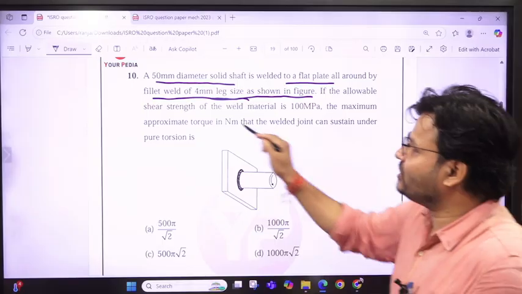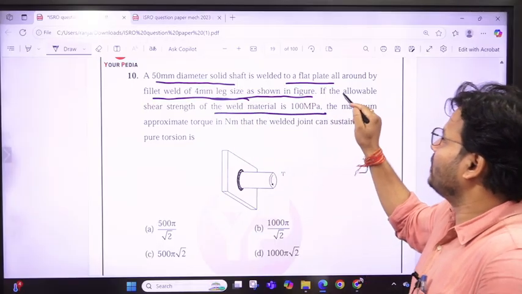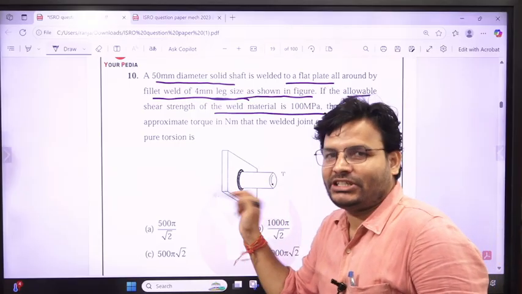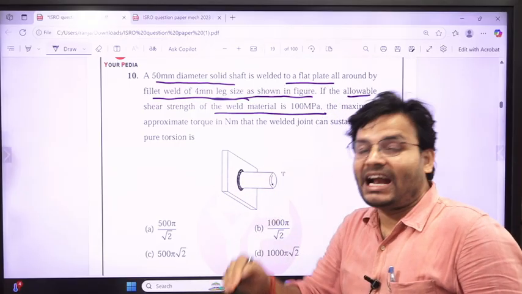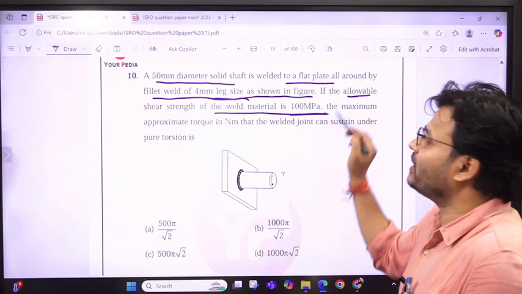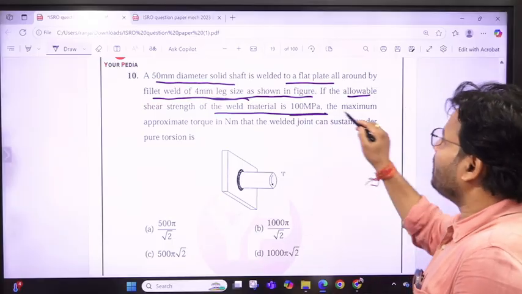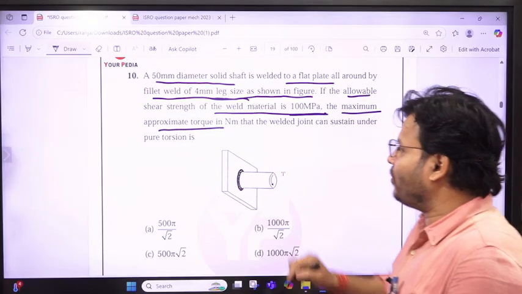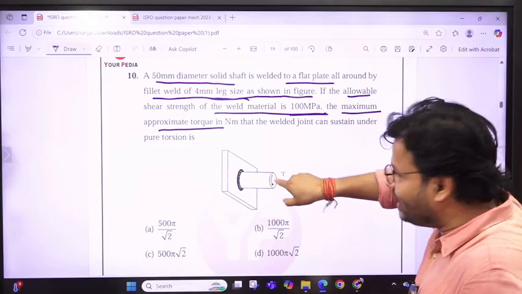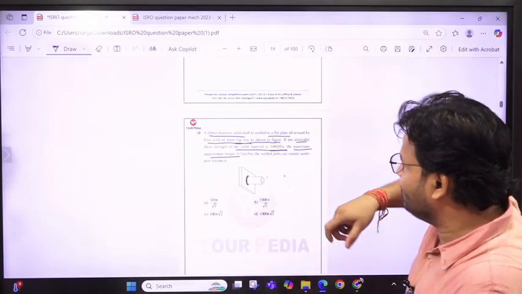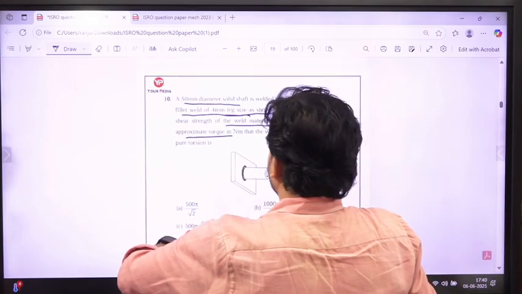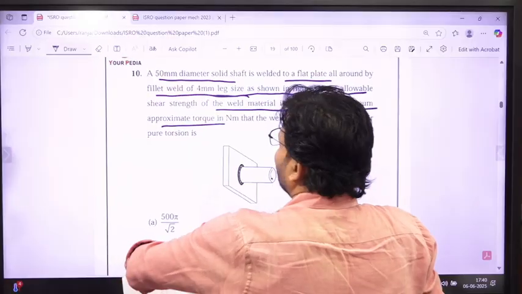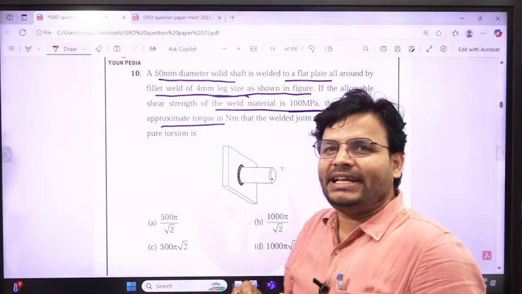If the allowable shear strength of the weld material, the maximum shear strength that the weld material can sustain, is given as 100 megapascal. Well sir, for the maximum approximate torque, you have to apply the torque there. We can see one torque is applied there. Can anybody tell me what is the difference between bending and torsion?